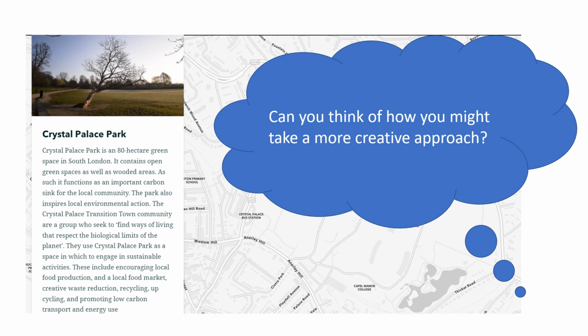As outlined in some of the previous lessons, we know that artistic and creative responses can have a better impact or a more effective impact on audiences than factual approaches. So I invite you to think about how might we approach our topic more creatively or more imaginatively.